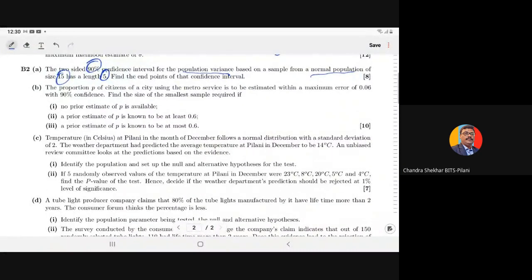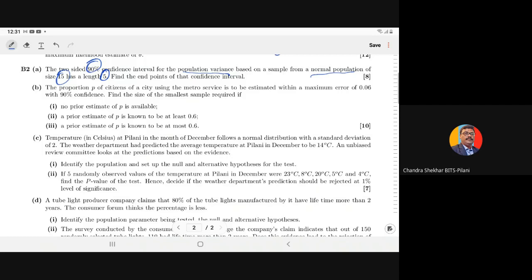Let us move to part B. The proportion small p of citizens of a city using metro service is to be estimated within a maximum error of 0.06 with 90% confidence. So here the error is also given to you. It should be within 0.06.